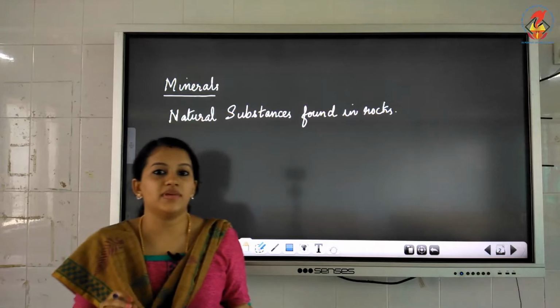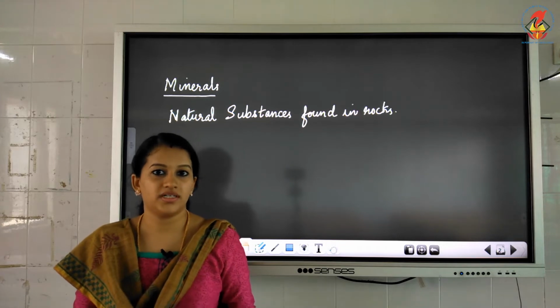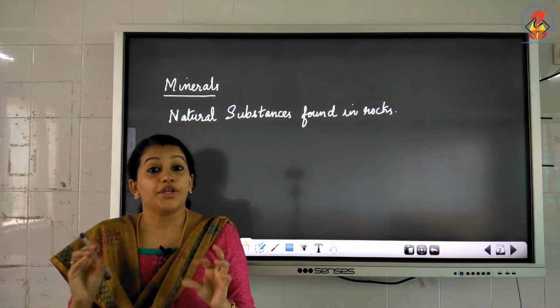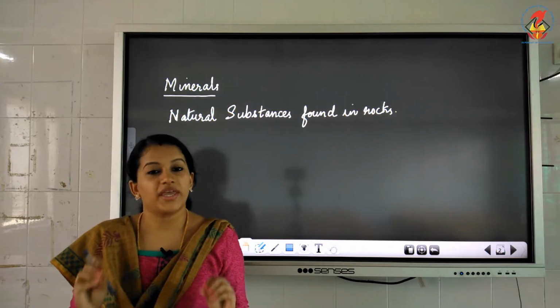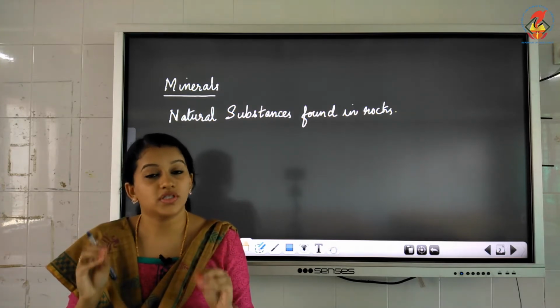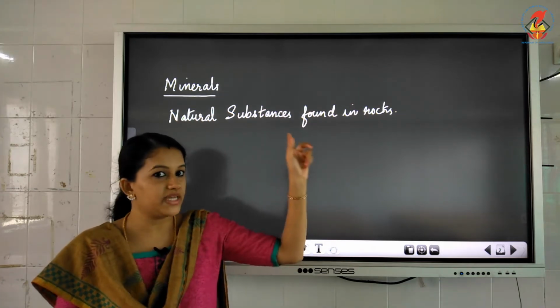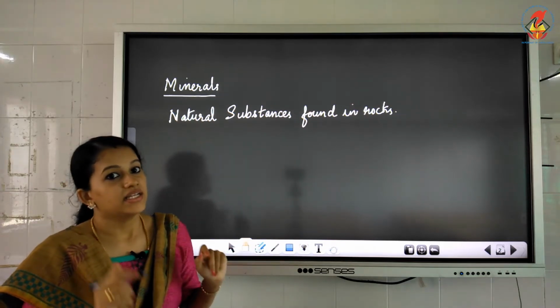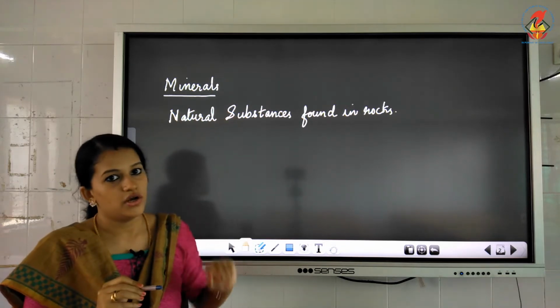Everyone must have seen a rock, isn't it? In all the rocks you can see minerals, or you can say that all rocks on earth contain minerals. So I repeat again, minerals are natural substances that are found in rocks.